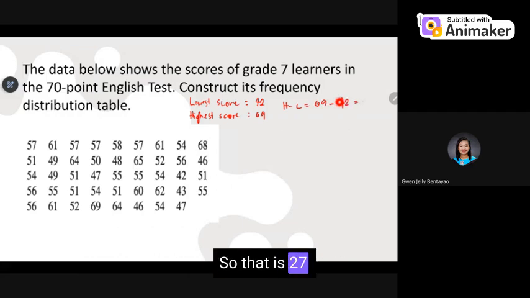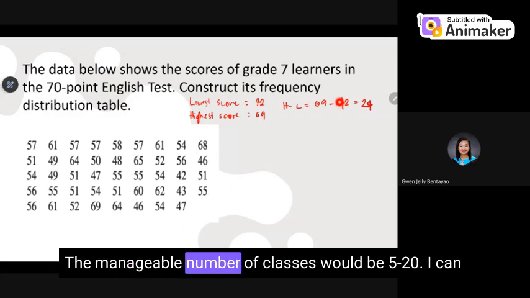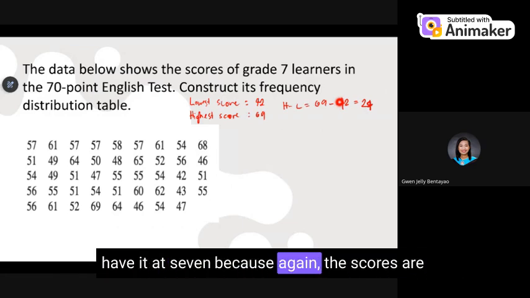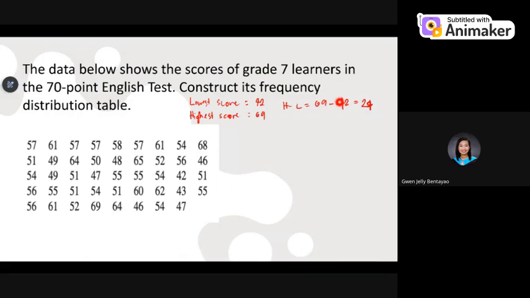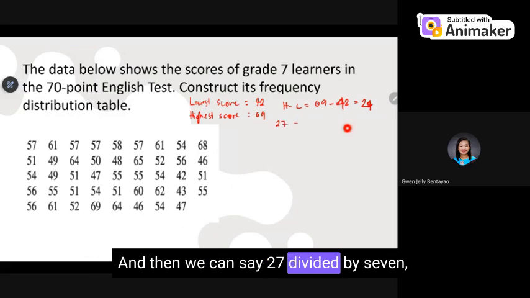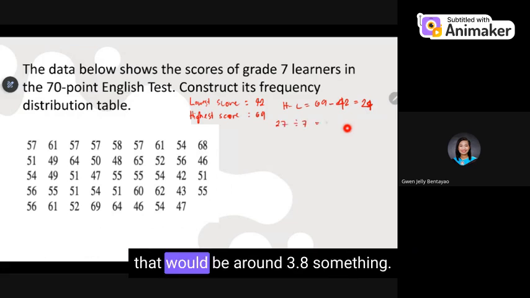So that is 27. Sorry, 27. So if I have 27, the manageable number of classes would be 5 or 6. I can have it as 7 because again, the scores are closer to each other. So then we can say 27 divided by 7. That would be around 3.8 something.